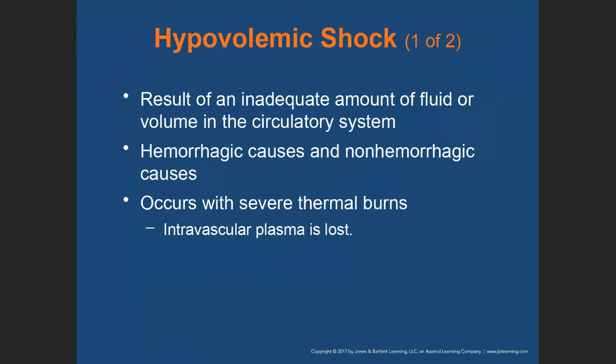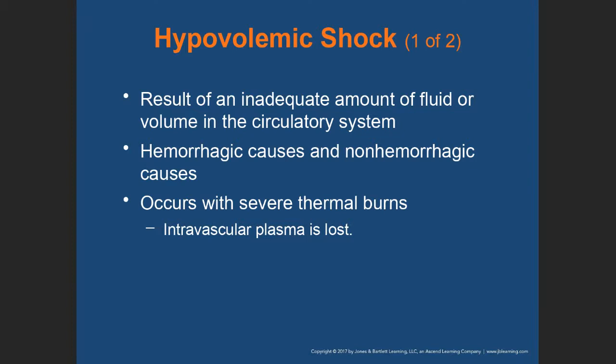With burns, it's a little different. Plasma is being lost with burns, but the movement of fluid is different. With the vomiting and diarrhea, eventually the cell becomes dehydrated. And when we say a cell is dehydrated, we mean it shrinks in size. It doesn't function properly because when it shrinks, it doesn't have the electrolytes that it needs inside of it.